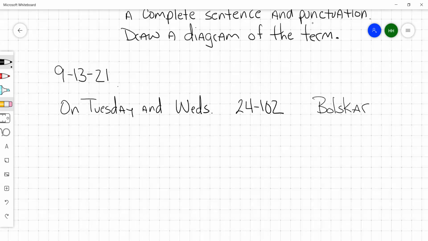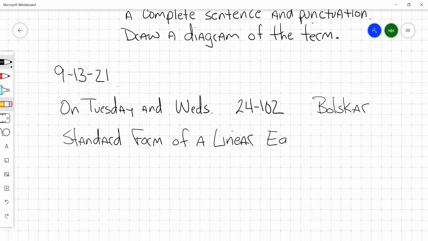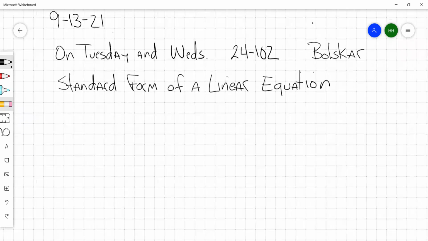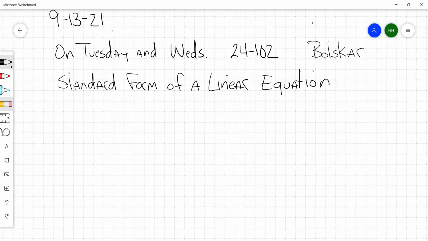All right. In the meantime, today we're going to work with the standard form of a linear equation. When a linear equation is in standard form, it looks like ax plus by is equal to c.